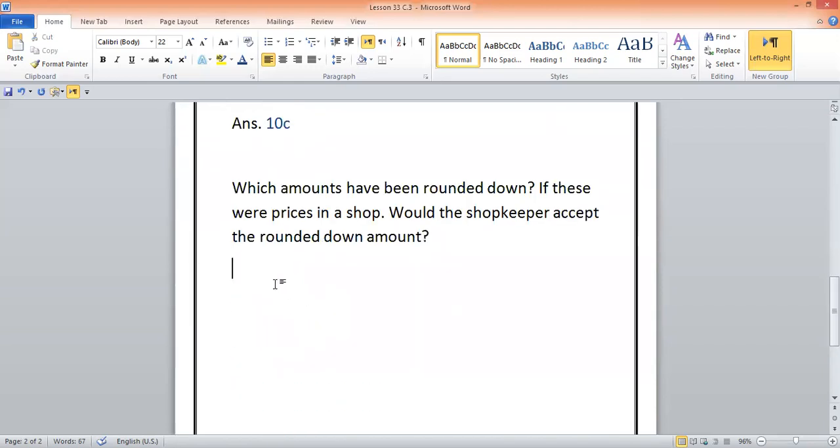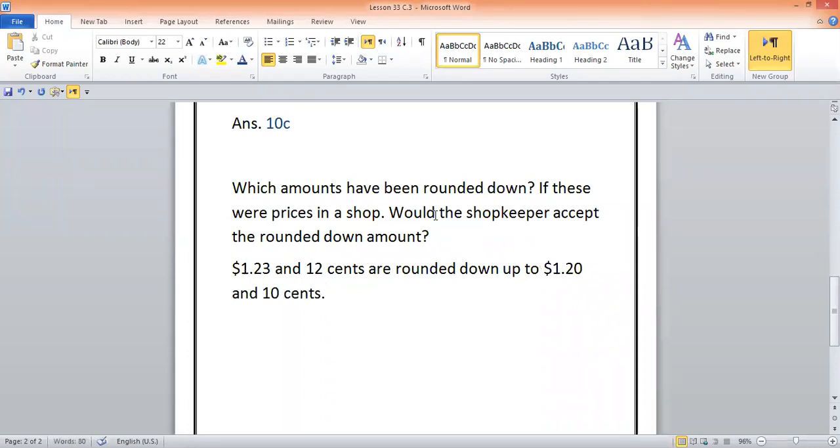So I will write here: $1.23 and 12 cents are rounded down to $1.20 and 10 cents.